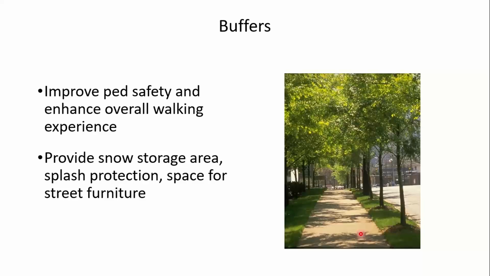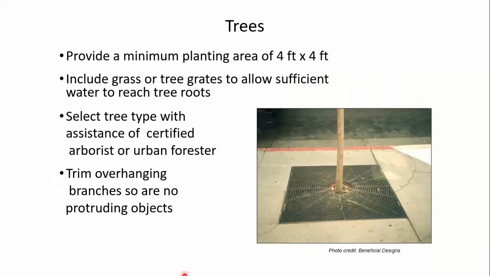And of course, as everyone's probably aware too, as these trees reach a large size, those tree roots can and do heave up sidewalk slabs, which can affect the usability and safety of the sidewalk.